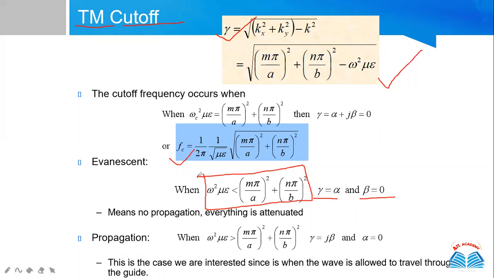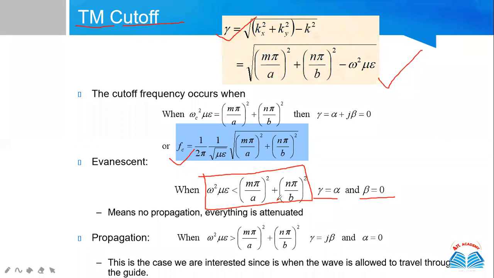Omega square mu epsilon will be less than this value in the bracket, (m pi over a) whole square plus (n pi over b) whole square. That means if k square is less than this value, then there is no propagation.